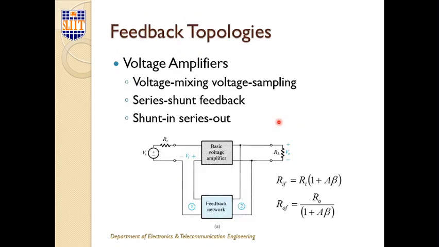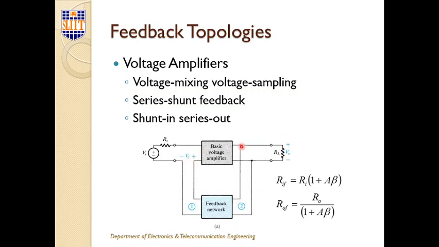Now when it comes to topologies, based on the connections that you have at the input and the output, you can have 4 different constructions. You may have a parallel or shunt connection at the output, which measures the output voltage, so that is voltage sampling. The input is in series with respect to the feedback network, that is mixing.